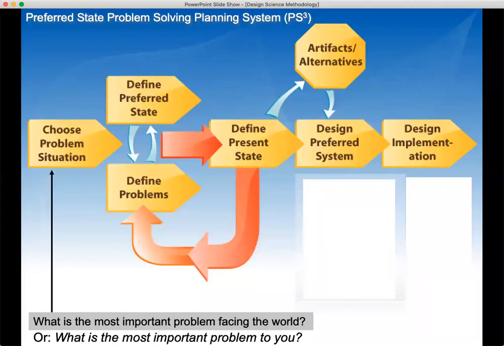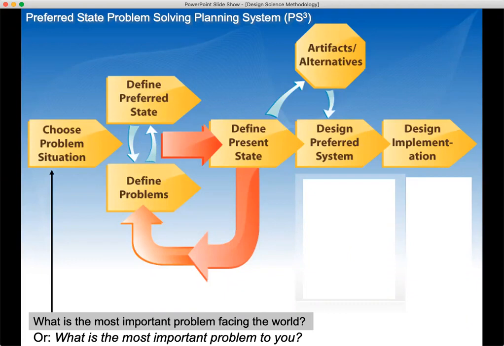Zooming in a little bit on that, we start off with asking the question, what is the most important problem facing the world? What is the most important problem that you think is critical to changing the world? Once we choose the problem situation, we want to go into what is the preferred state, not what is the problem and what are its symptoms, but what do you really want?